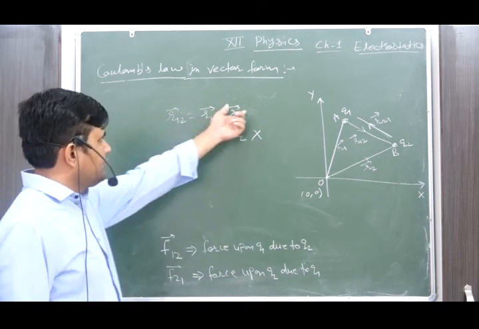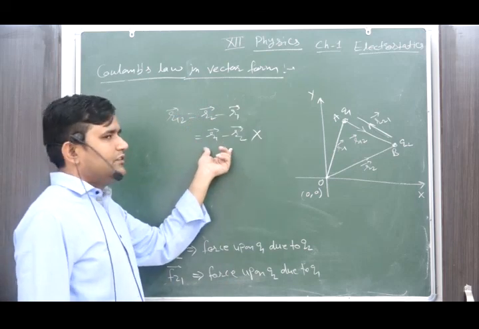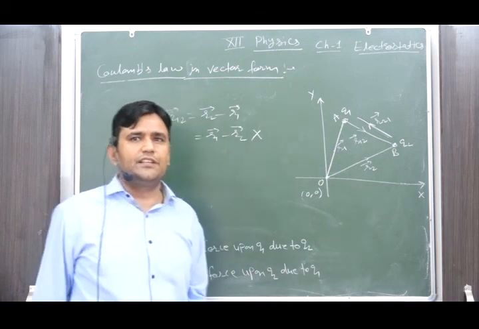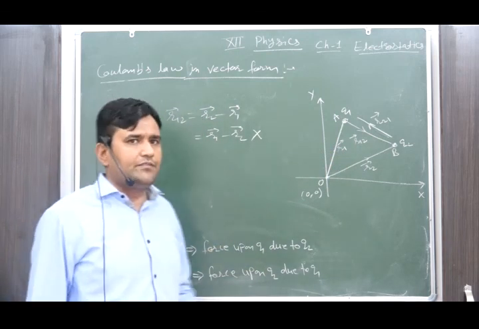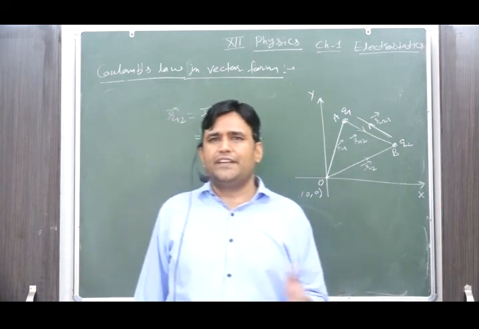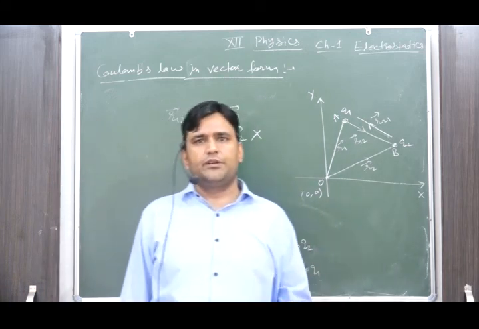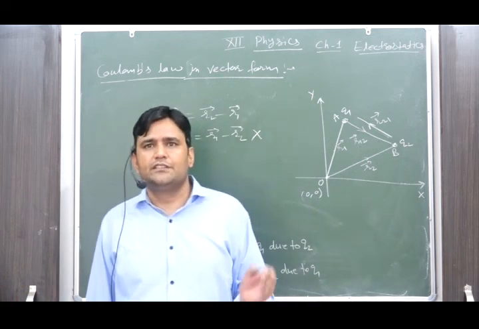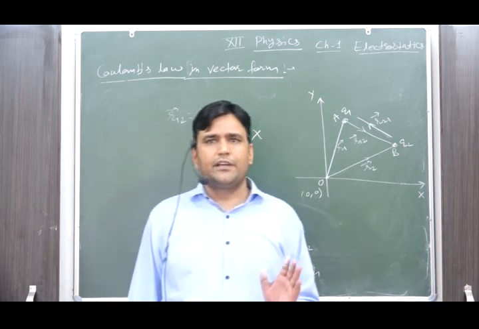Okay, as per my convention it is okay, but as per their formulations they are not using the vector addition over here, they are just using the formulation of final minus initial. But the same thing is the final concluded result in terms of numericals. That's why there is no need to bother about it, just focus on the concept.